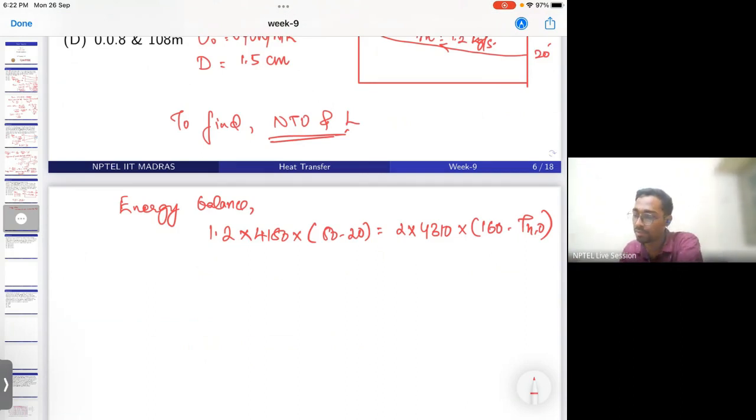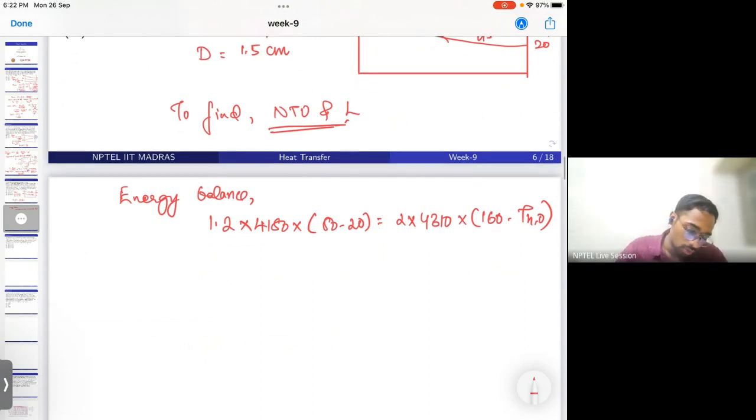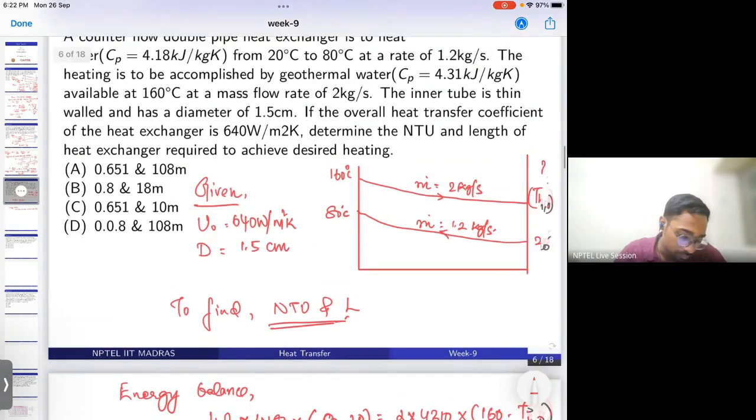So if you calculate this, you will get the THO.